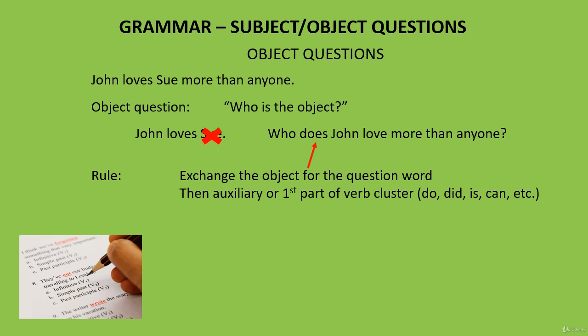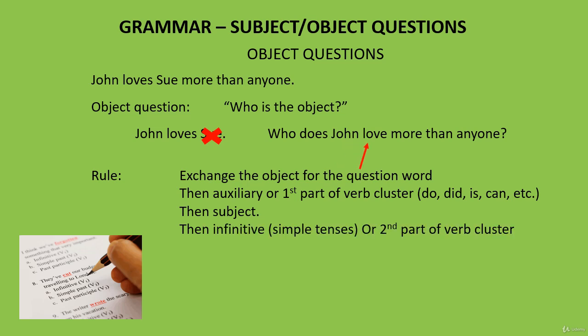Or we have am, is, are for present continuous, etc. Then we write the subject, John, and then the infinitive of the verb, as this is present simple, and then the rest of the sentence, if there is one.